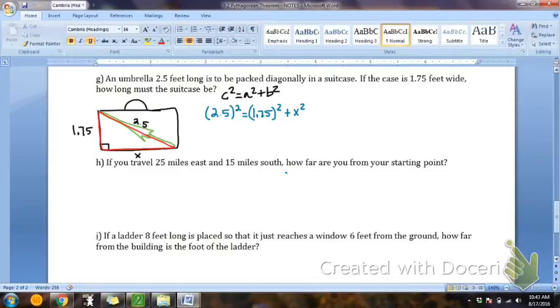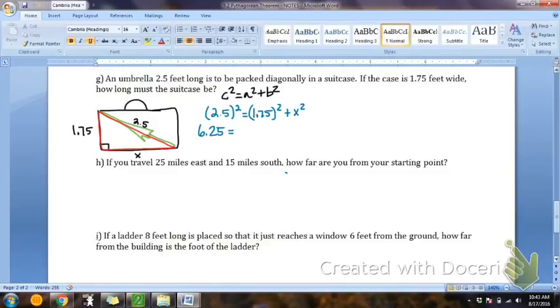Okay, now we're just going to rely on our calculator. 2.5 squared. What's 1.75 squared? Someone besides Dakota. 306?